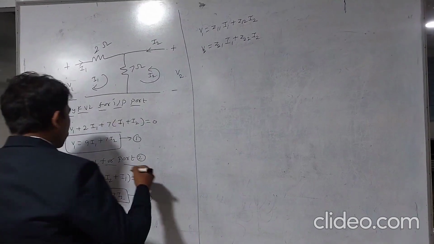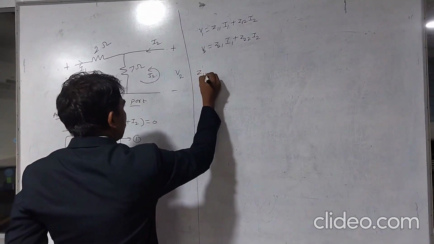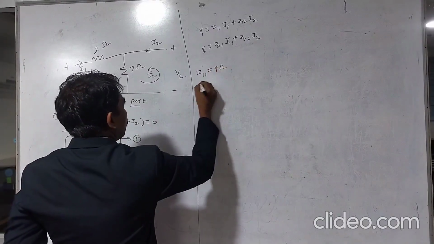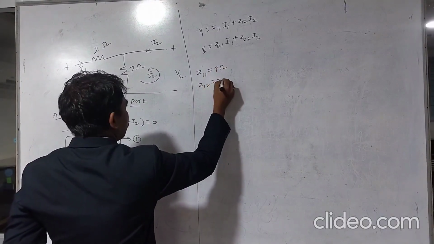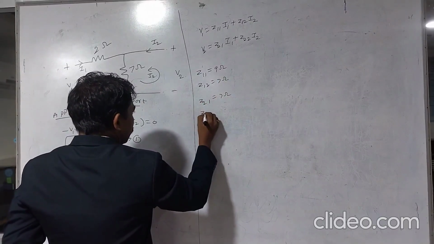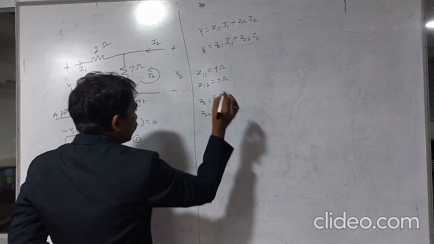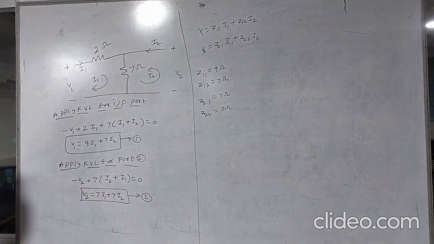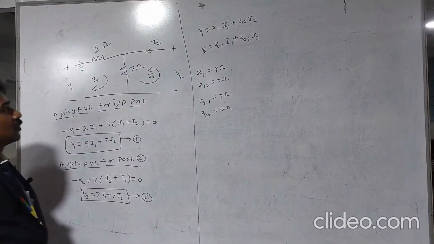Now make the comparison of both equations. Z11 is 9 ohm, Z12 is 7 ohm, Z21 is 7 ohm, and Z22 is 7 ohm. Okay. So now they're asking whether the network belongs to reciprocal or symmetrical.